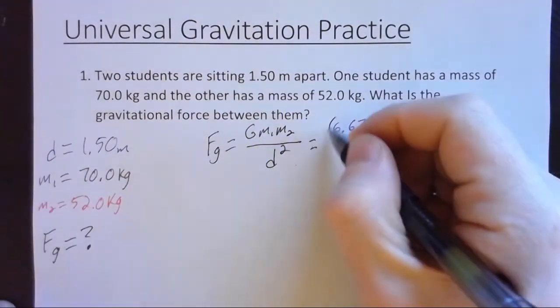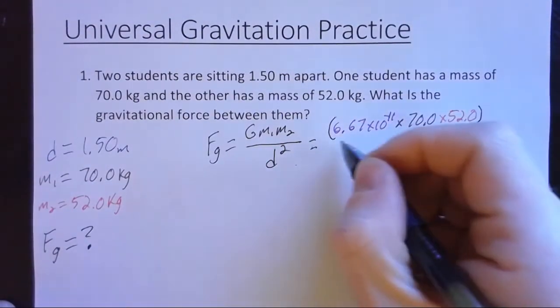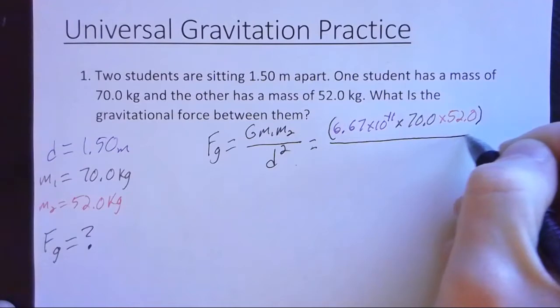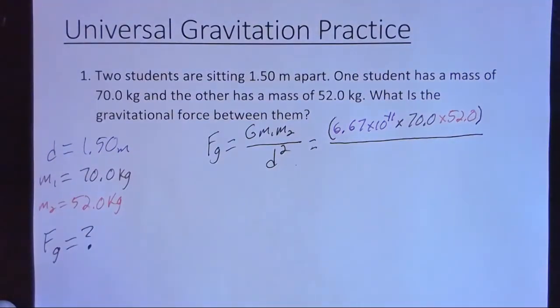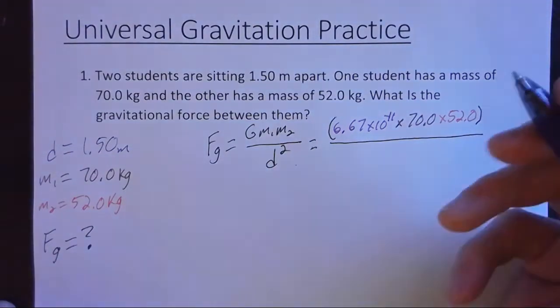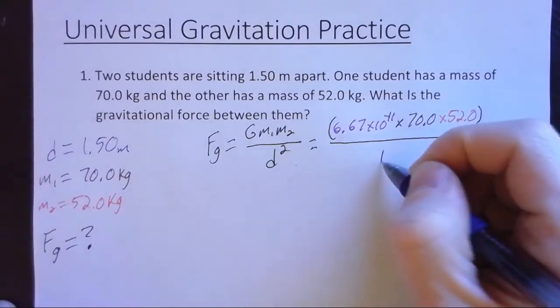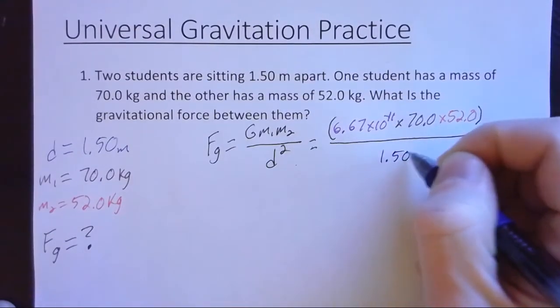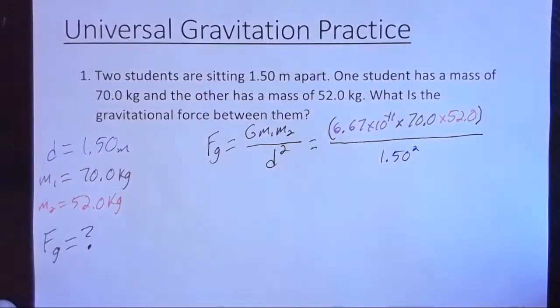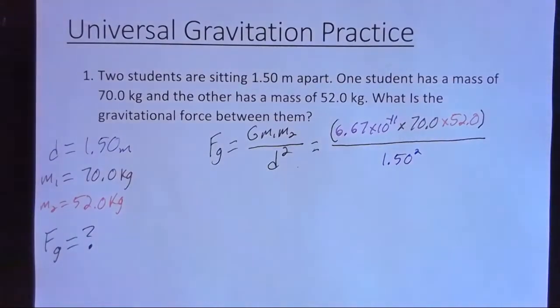Be sure to wrap the values in the numerator with parentheses in order to prevent any issues with your order of operations. The multiplication should always be complete before the division occurs. This value will be divided by 1.50 meters squared.